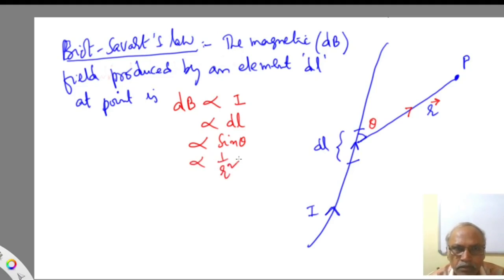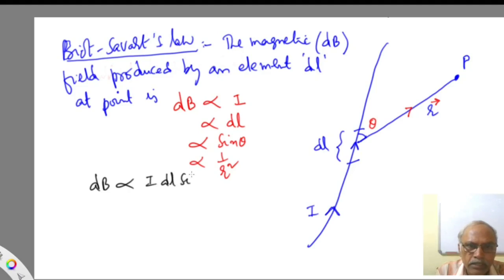This is Biot-Savart law. According to Biot-Savart law, the magnetic field produced by an element, dB, is directly proportional to I, directly proportional to dl, directly proportional to sine theta, and inversely proportional to the square of the distance. If you combine all these points, you get dB proportional to I dl sine theta by r square.